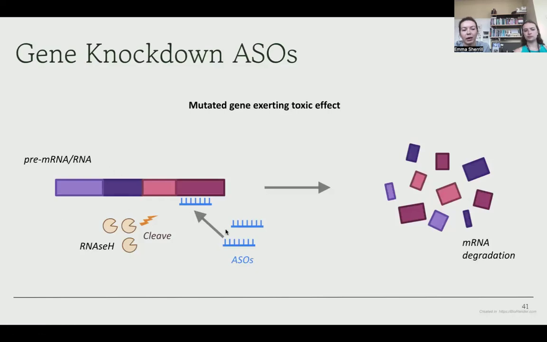So they work by binding to either the pre-mRNA or mRNA, depending on if you target an intronic or exonic sequence, and they recruit RNase H, which is an enzyme that cleaves and degrades the mRNA. So they can be used to knock down a gene, either both copies or one copy, depending on how you design them.